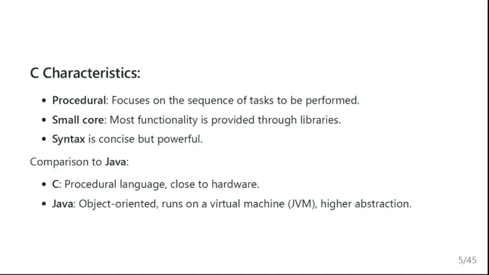What Java did is make a virtual machine that sits on top of the hardware, so that while you're writing the program in Java, you don't have to worry about the hardware. But obviously, you lose some of the resources in between because you have to go through this virtual machine layer.